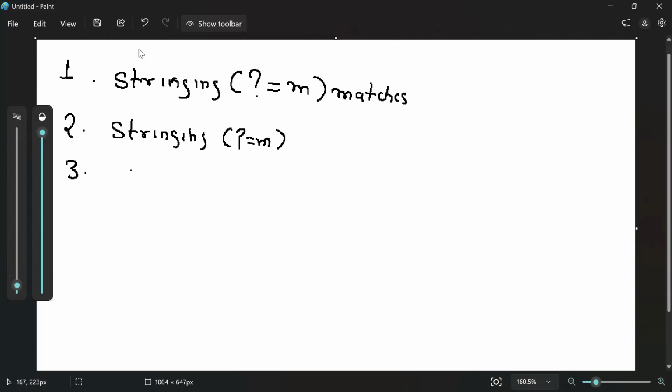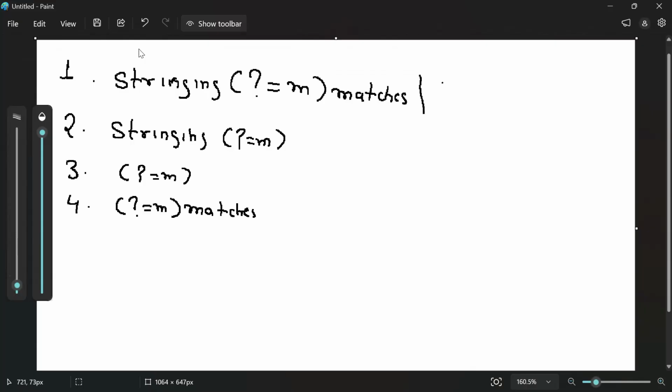In the third example we don't have anything here. The fourth example we have matches. So these are the four examples we have.